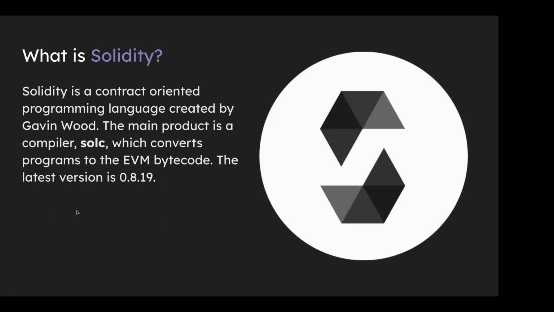So let's talk about Solidity briefly, because Solidity is the famous and most popular smart contracts language probably in the world, but surely in Ethereum. So Solidity is a contract-oriented programming language created by Gavin Wood.